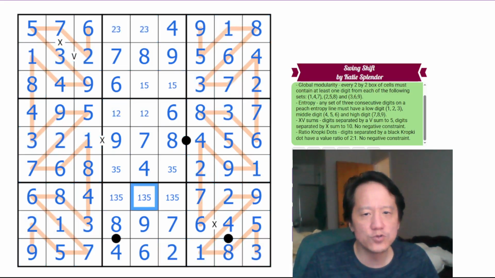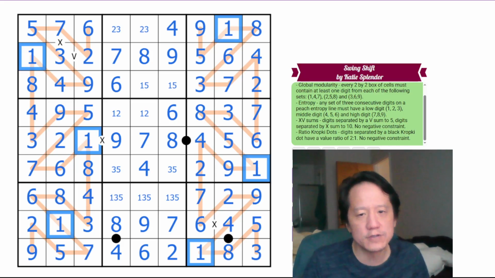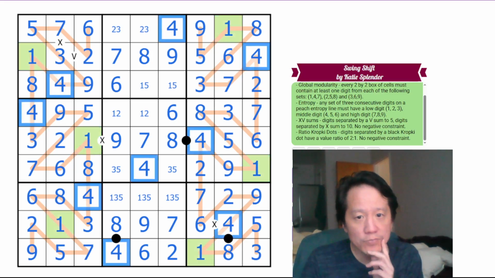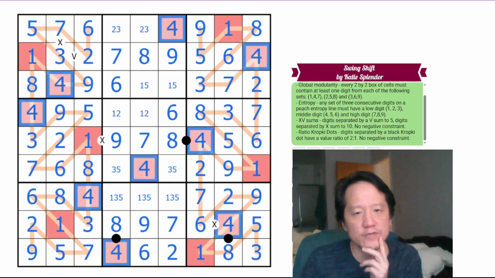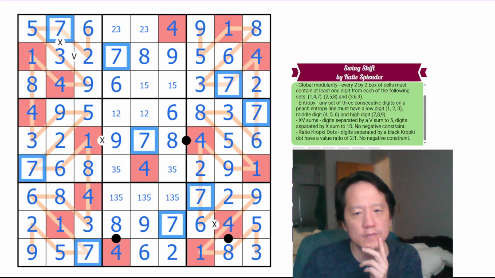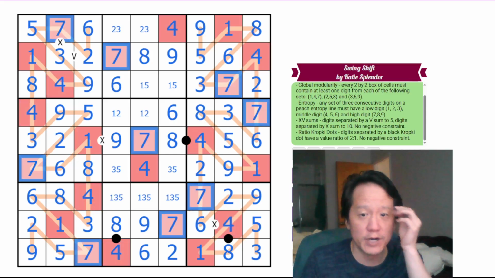We're going to use green, orange, and yellow. So all the 1s, 4s, and 7s are green. Actually, maybe we just make it red, yellow, and blue. All the 1s, 4s, and 7s are red because they're 1 modulo 3.